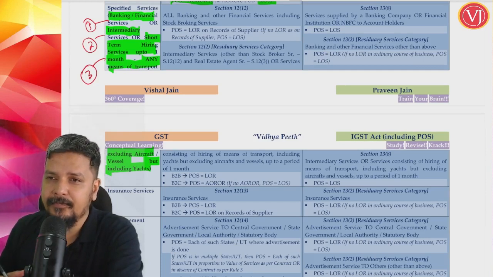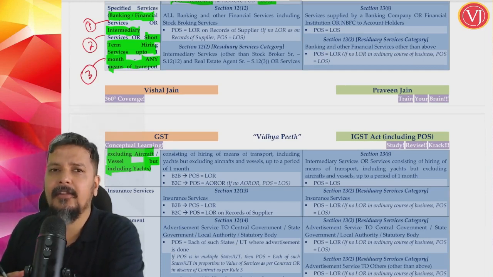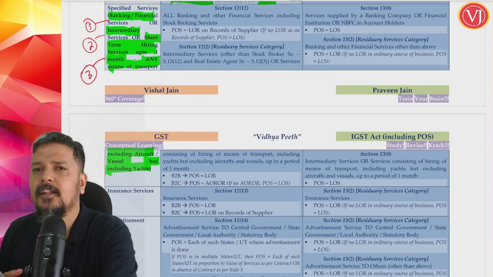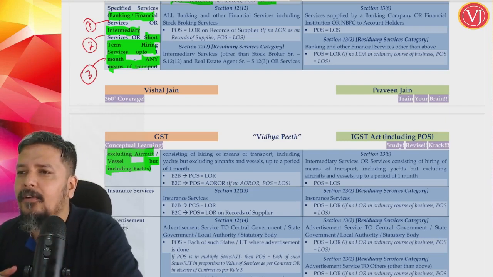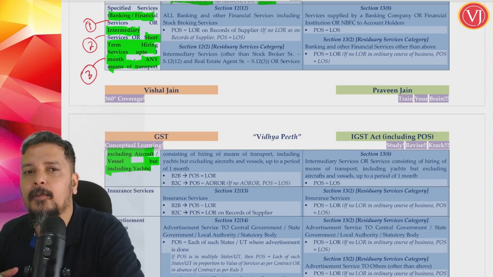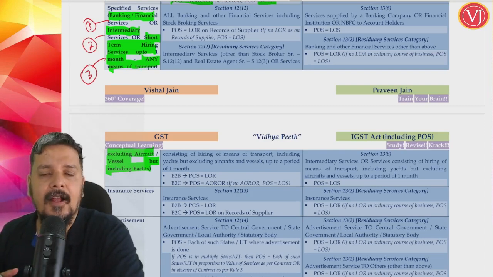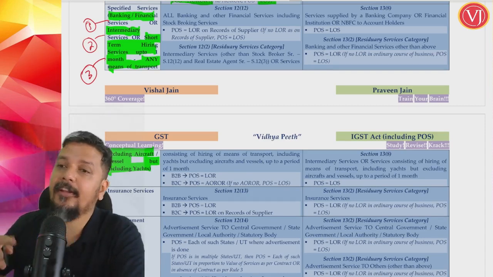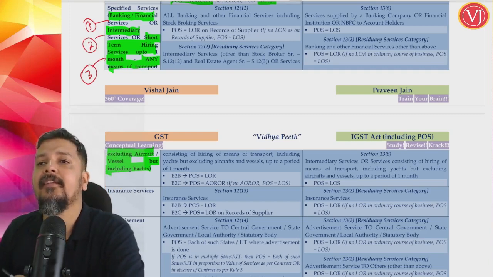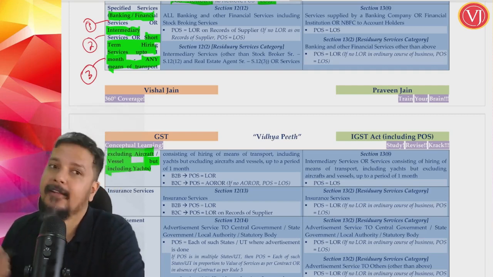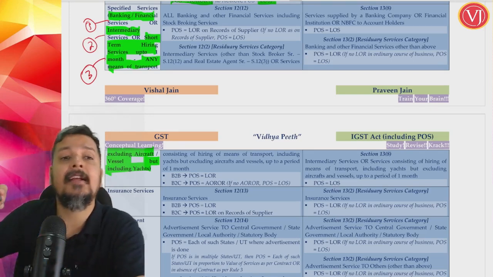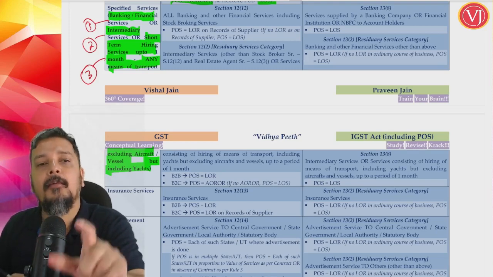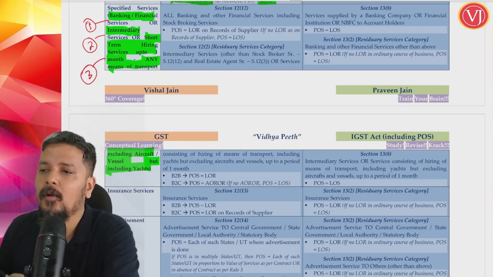If you are going for a vacation, you will take short-term hiring of vehicles, any means of transport. What about aircraft and vessel? General category. But if it is a recreational ship or yacht, then it is covered. Be it any means of transport other than aircraft and vessel, but including recreational ships and yacht, the condition is it should be only up to 1 month.